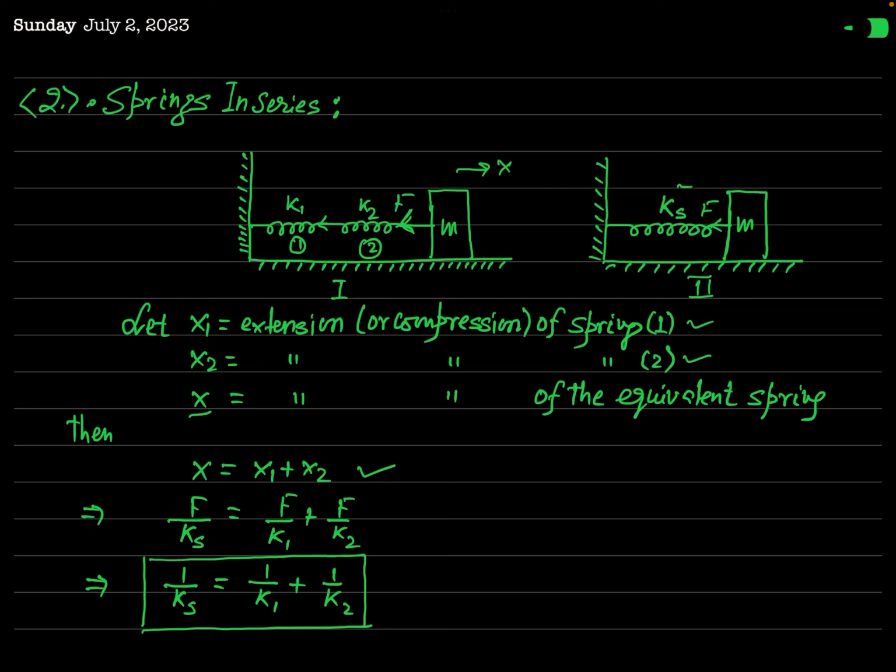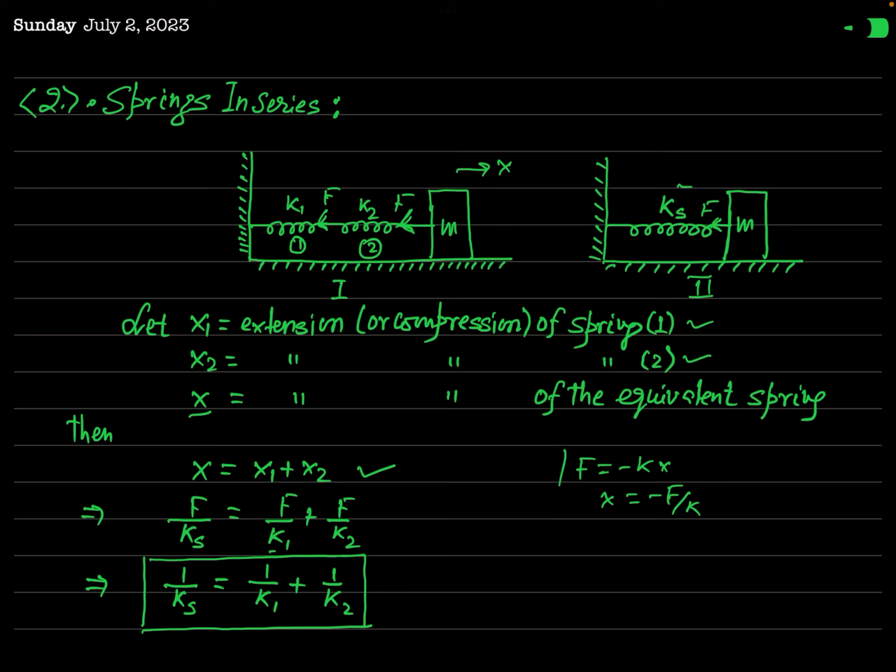So the spring force developed in the first spring will be F, and that in the second spring will also be F. The spring force developed in this equivalent spring we will also assume F. And as you know, F is equal to minus Kx, so x will be minus F by K. So instead of x, we will write minus F by Ks, instead of x1 we will write minus F by K1, and for x2 we will write minus F by K2.